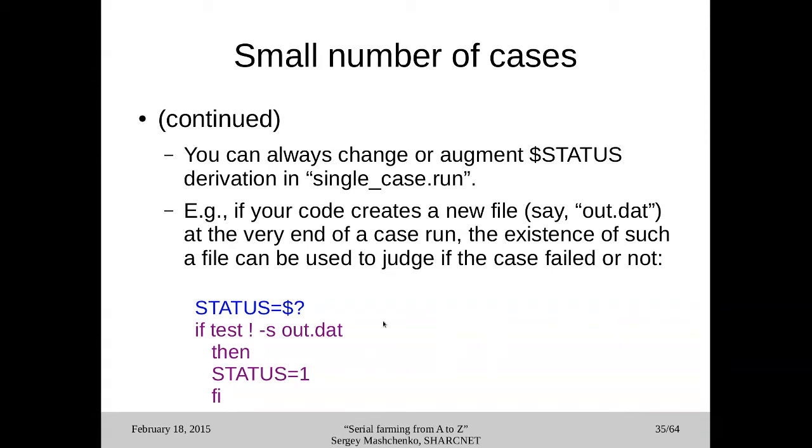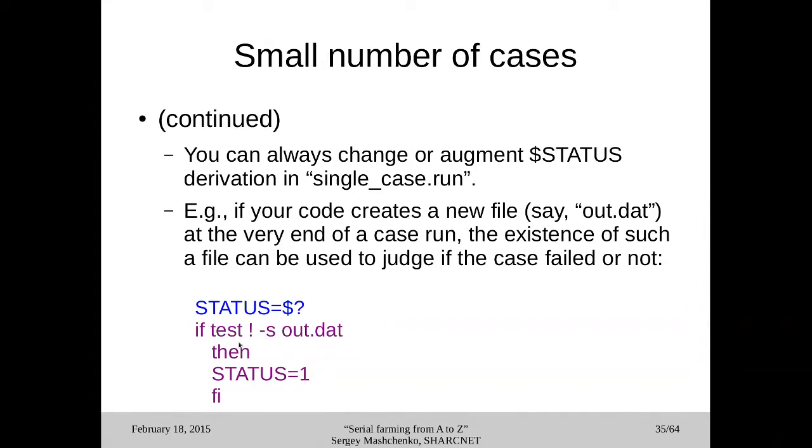So you can modify the single case run script to add some more knowledge about when your case execution failed. For example, you know that if your code ran properly, it should produce a non-zero size output file, let's say out.dat. So you can add these purple lines inside single case run to add this more intelligence.